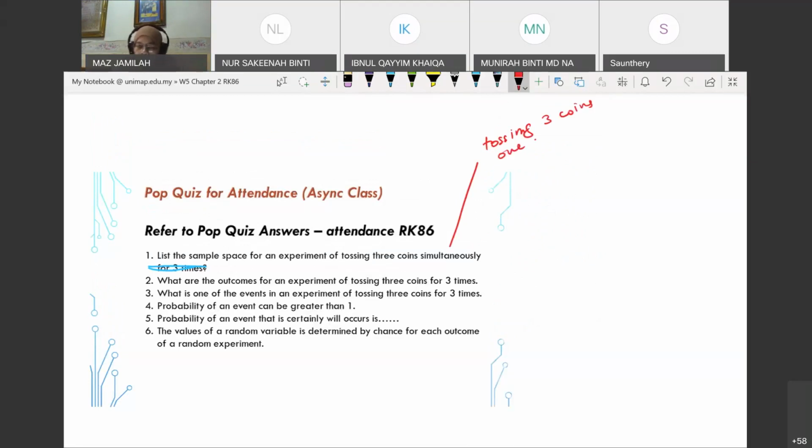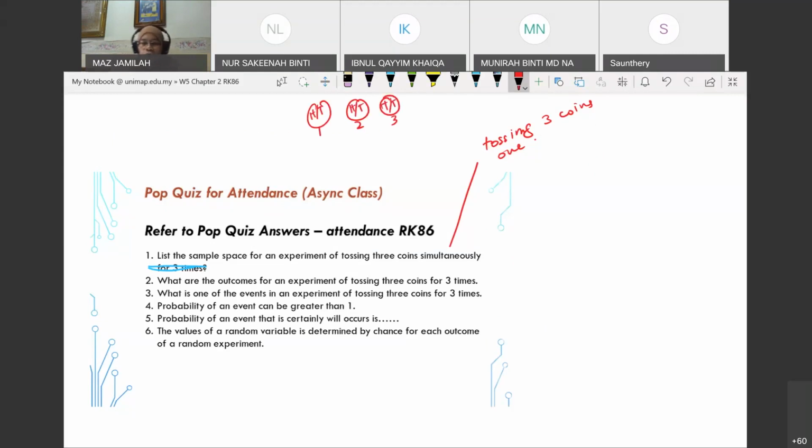When you toss 3 coins once, you will have different combinations of head and tail. Since we are referring to 3 coins: coin number 1, coin number 2, coin number 3. It is either head or tail, head or tail, head or tail.